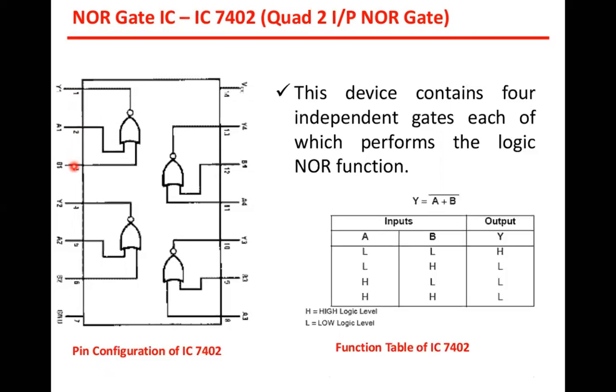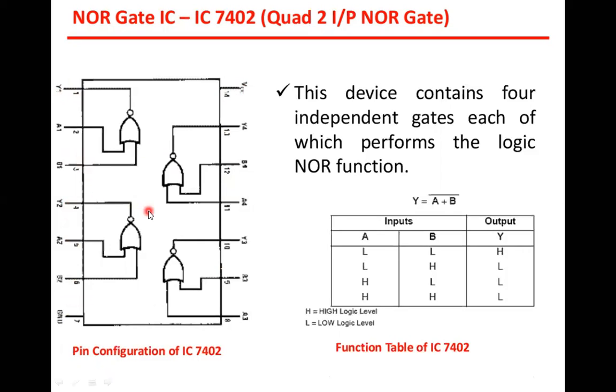But here it is in kind of reverse: pin 2 and pin 3 are inputs to this particular NOR gate, and pin 1 is the output. Again there will be a white notch. The pins are numbered 1, 2, 3, 4, 5, 6, 7, opposite to 7 are 8, 9, 10, 11, 12, 13, 14. The 7th pin is ground and the 14th is plus VCC.